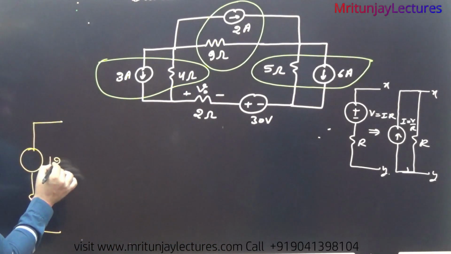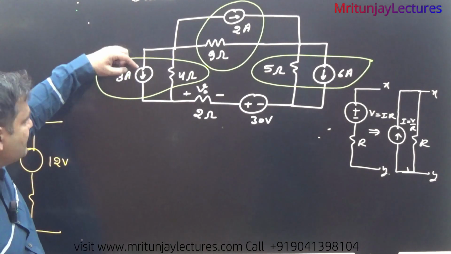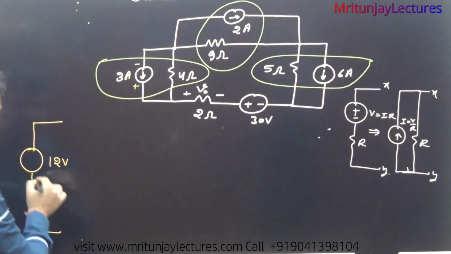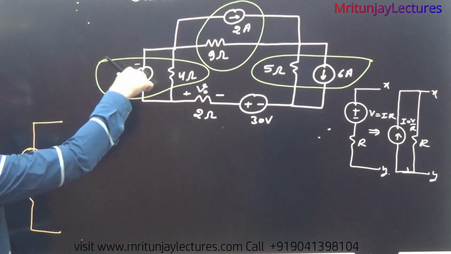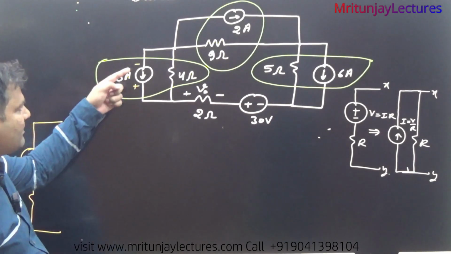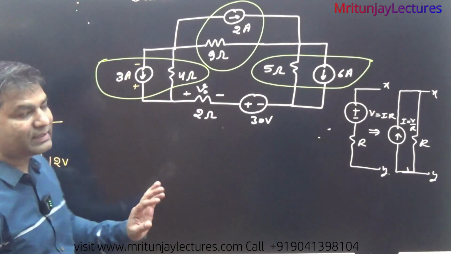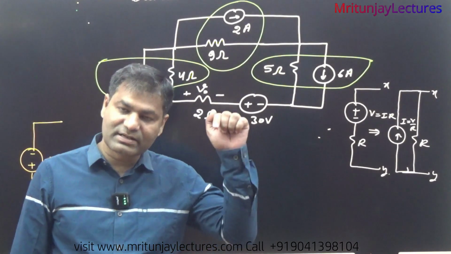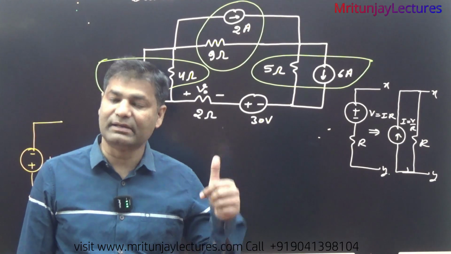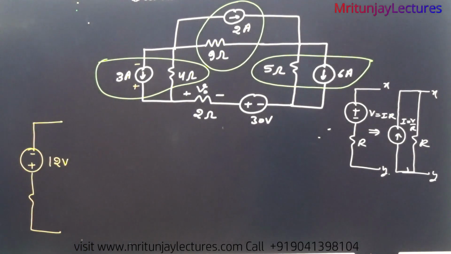So 12 volt is written. Current direction downward means polarity is plus here, minus here. Lower plate positive, upper plate negative. Okay, always decided by current direction. Current direction downward means the lower plate is positive and the upper plate negative. Okay, so that's why it's written.